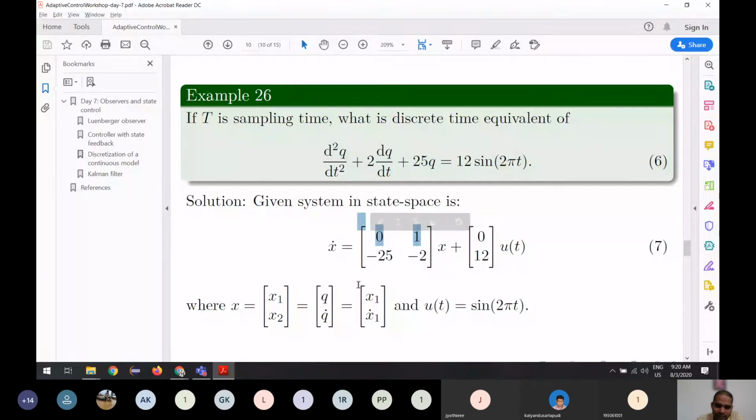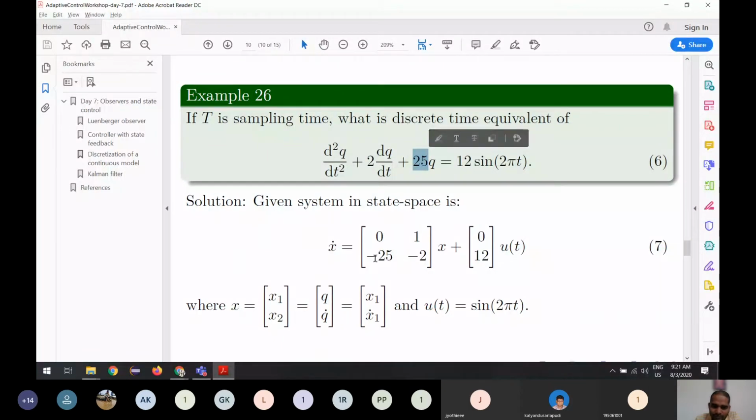What does the second row say? The second row of x dot is x2 dot, and x2 dot is q double dot. So we have q double dot equal to, putting all these terms on the other side, minus 25 times q, because it's on the other side of the equation, and minus 2 times q dot, since dq by dt is q dot.